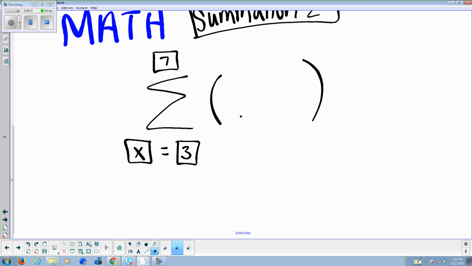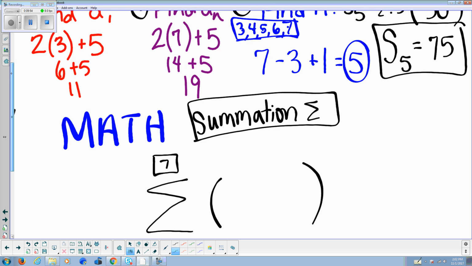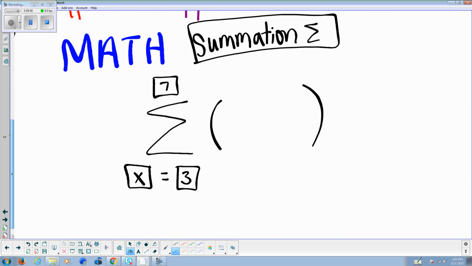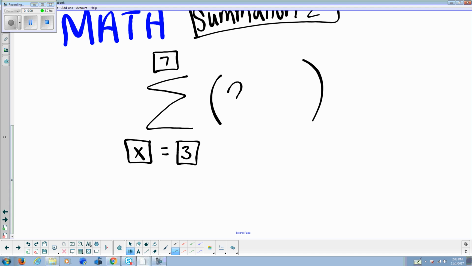And inside those parentheses, you're going to need to type the explicit formula, which in this case was 2k plus 5. Well, again, your calculator is not going to understand if you use the variable k. When you're inputting this into the calculator, you're going to need to use x every time. So you're going to type 2x plus 5 inside the parentheses that were already given. Then hit enter, and you should get the sum of that series.